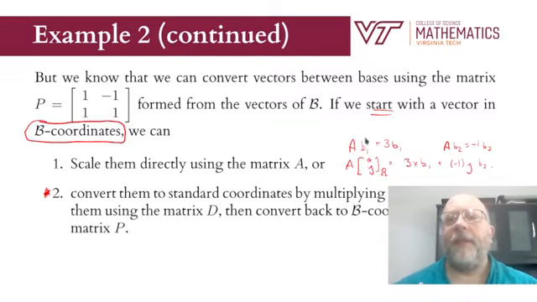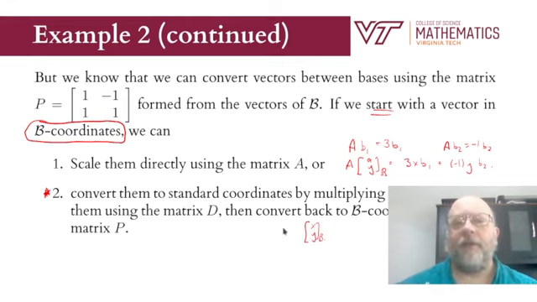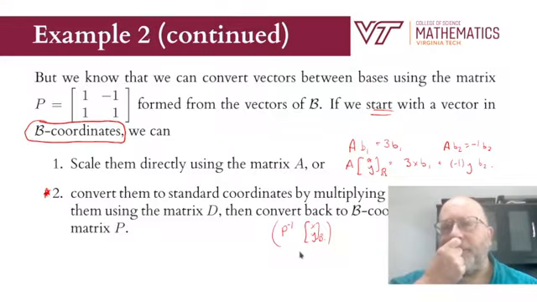Instead of working in the alternate bases, we can convert to standard coordinates by taking this matrix in B coordinates and multiplying by P inverse. Now that we're in standard coordinates, we can multiply this by the matrix D. D times the standard vectors scales by 3 and 1.